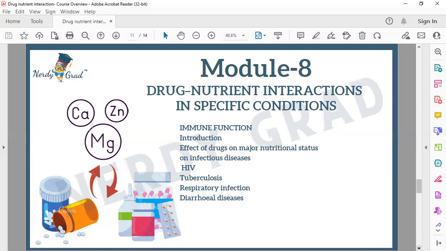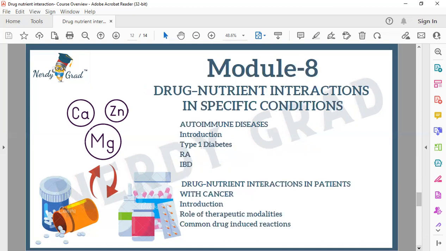So we'll touch upon certain viral infections, like an introduction on those, and the effect of drugs on nutritional status in infectious diseases like HIV, tuberculosis, respiratory infection, and diarrheal diseases. Other specific conditions are autoimmune diseases, type 1 diabetes, rheumatoid arthritis, and irritable bowel syndrome. These are the common things which we see in a large amount.